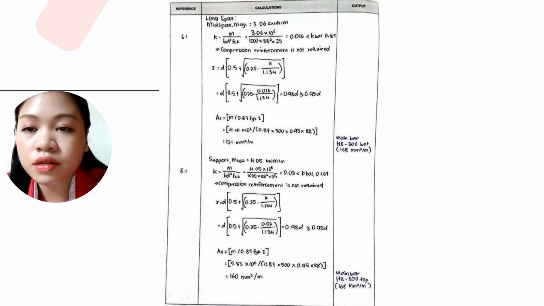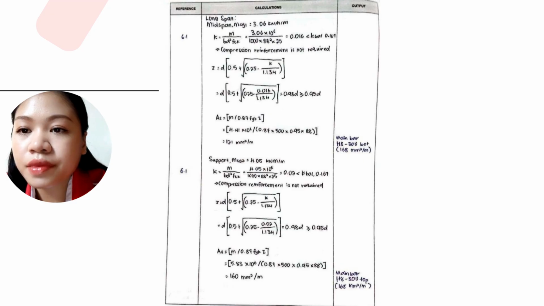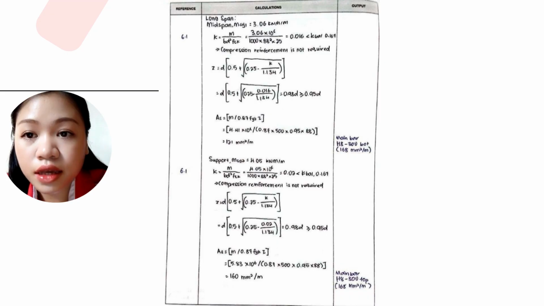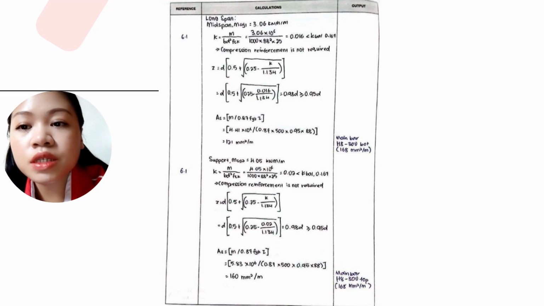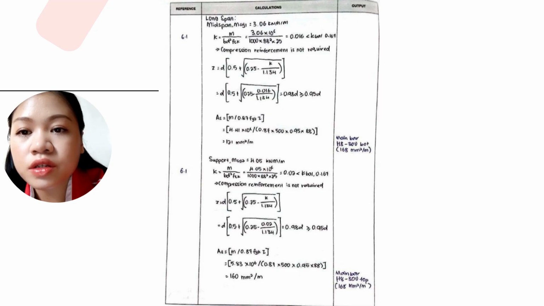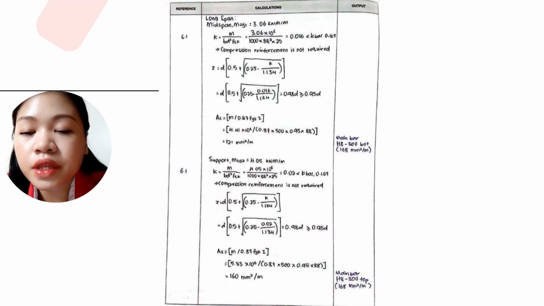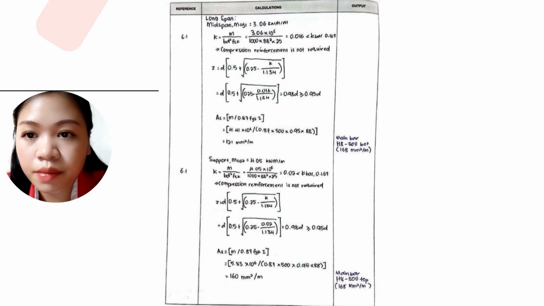Now for the main reinforcement, this time for the long span, I follow the same process. Effective depth here dy is 88 mm because these bars sit on top of the short span bars. The midspan moment is 3.06 kNm per m and the support moment is 4.05 kNm per m.